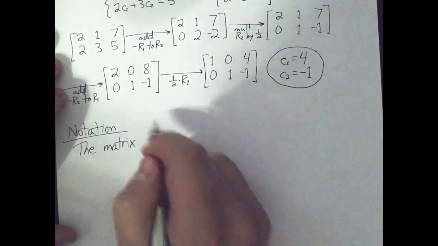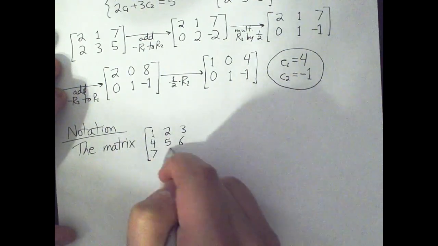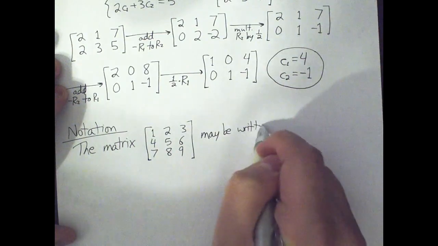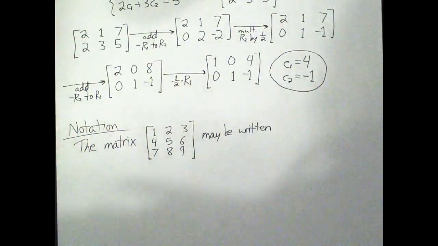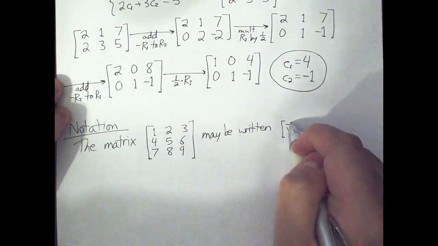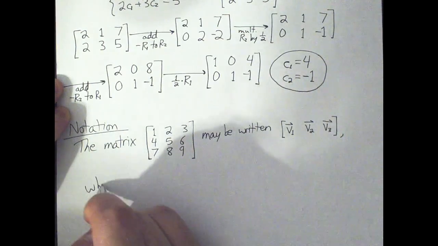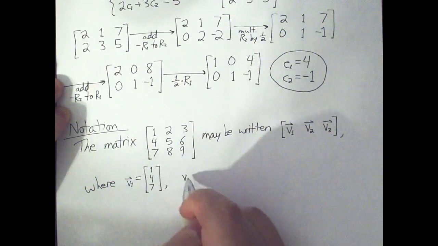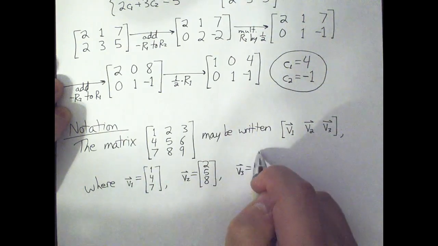The matrix, I'm going to do a 3 by 3 matrix for this example, may be written sometimes, depending on what we're going to do with it, as V1, V2, V3, where V1 is the first column, V2 is the second column, and V3 is the third column.